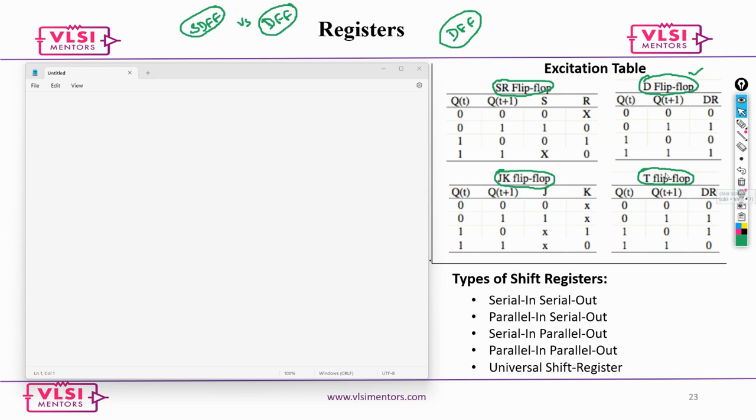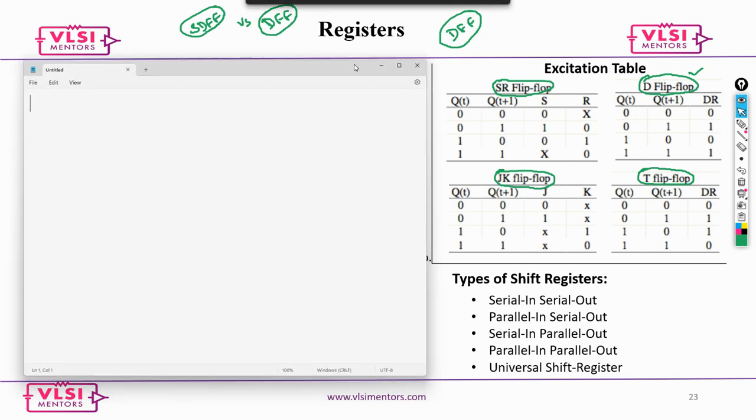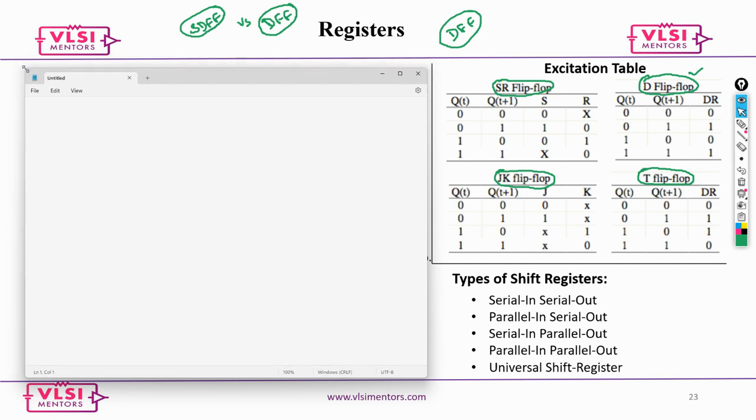Now, what is this excitation table, and why is it important? Remember, as we discussed, sometimes you know your present state and the next state that you want, and now you need to give certain inputs.